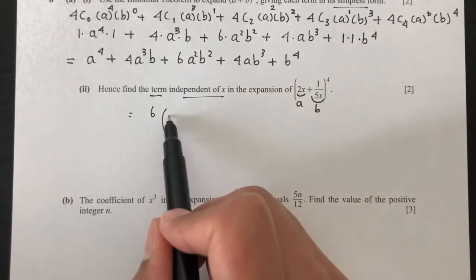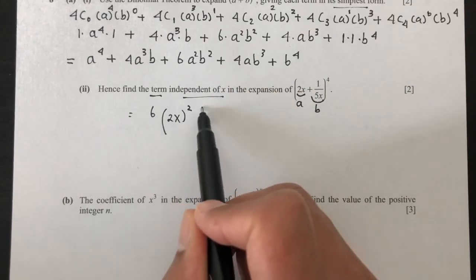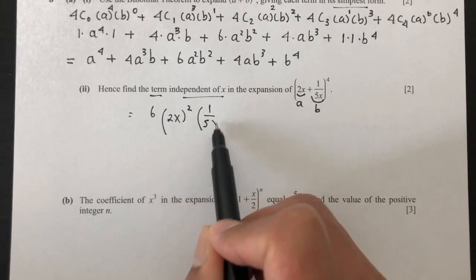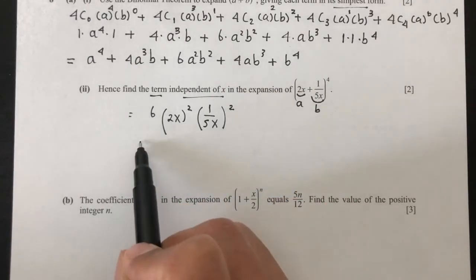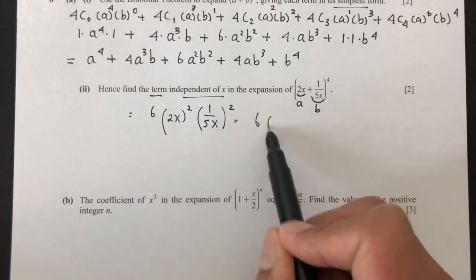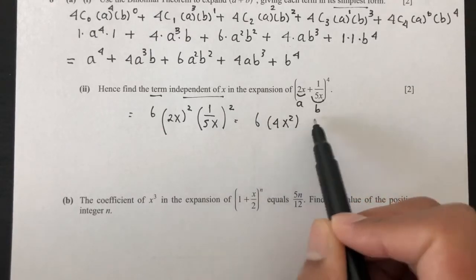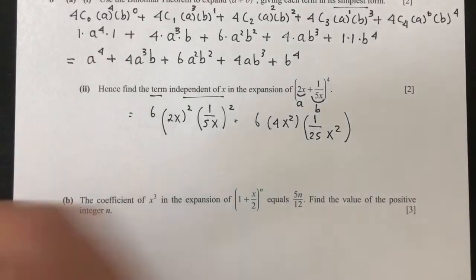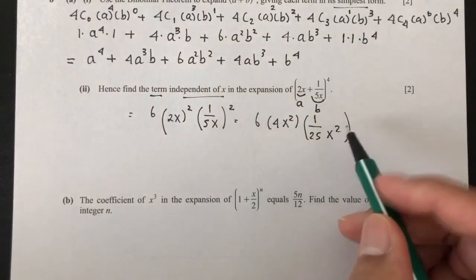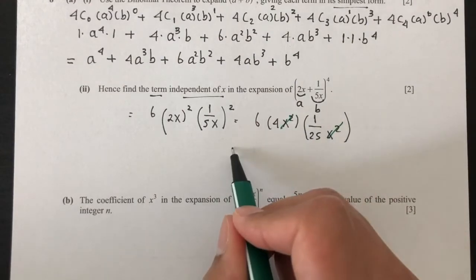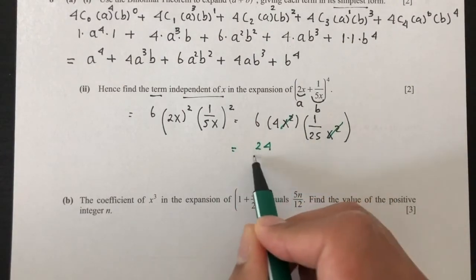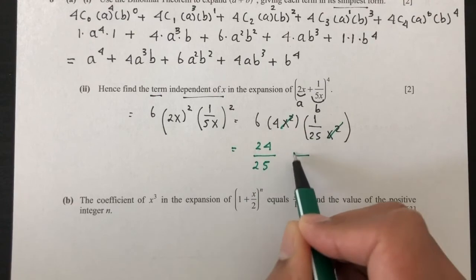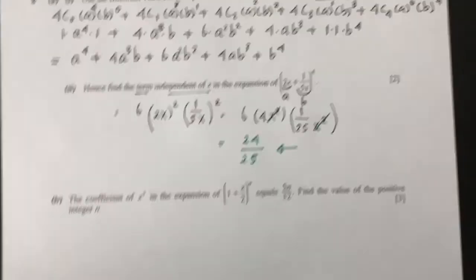So a is 2x power 2, b is 1 over 5x power 2. That should be 6 times 4x square times 1 over 25x square. Now you observe x square cancels out, so you will have 24 over 25 as your answer. That will be part 2.